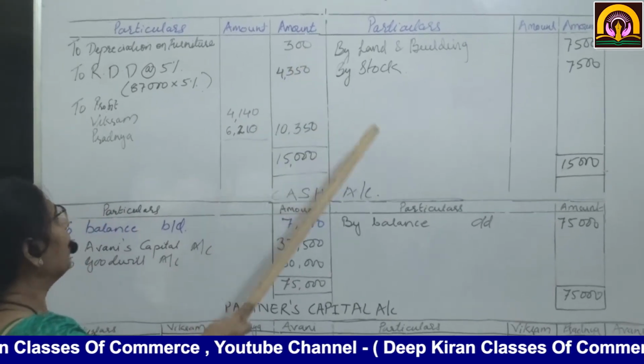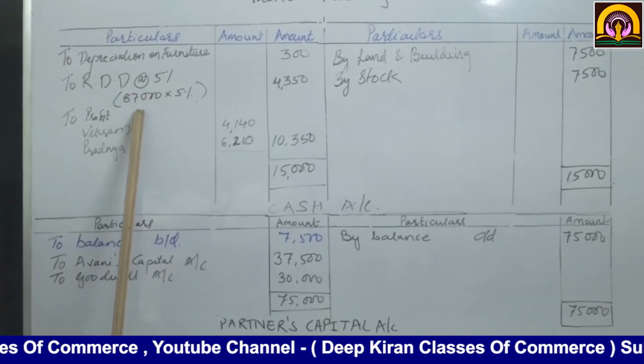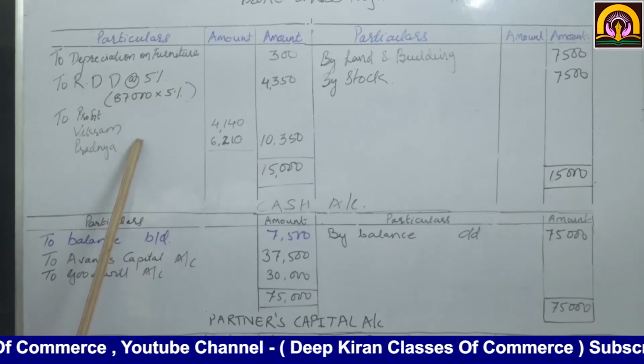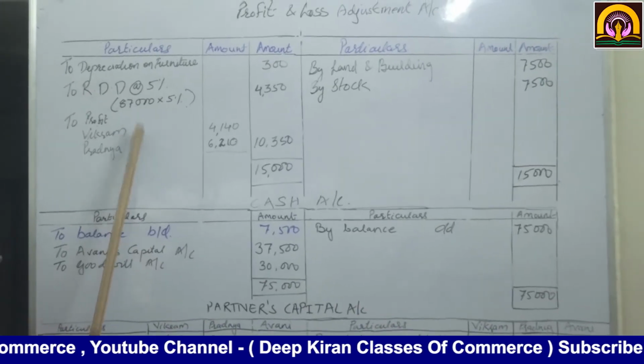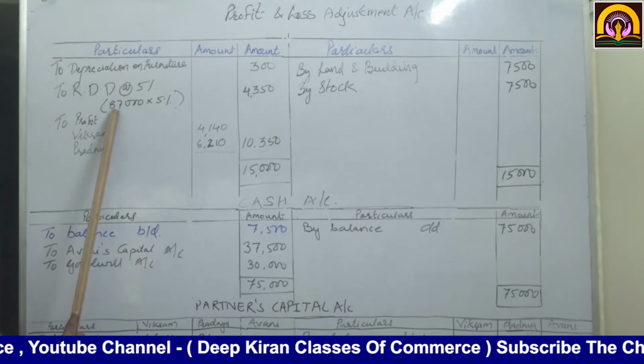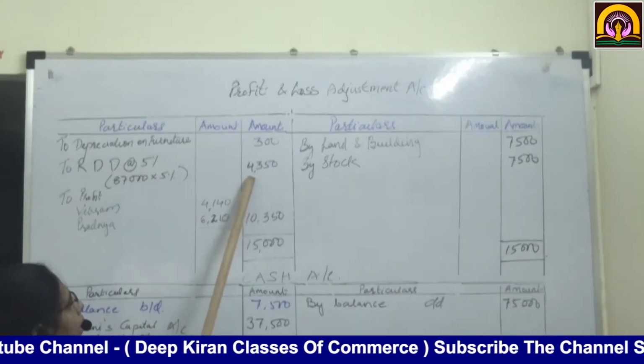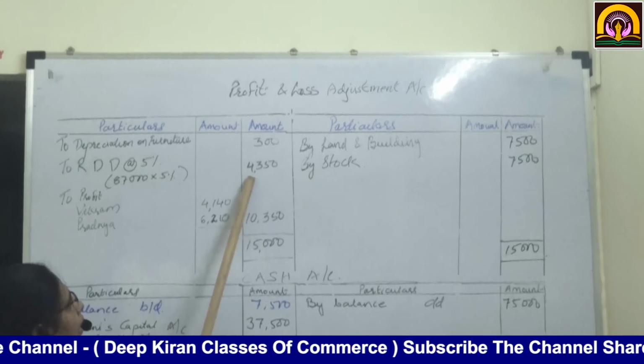Then RDD is to be maintained at 5% on sundry debtors, they have told. The amount of sundry debtors was 87,000, and 5% on that comes to 4,350.